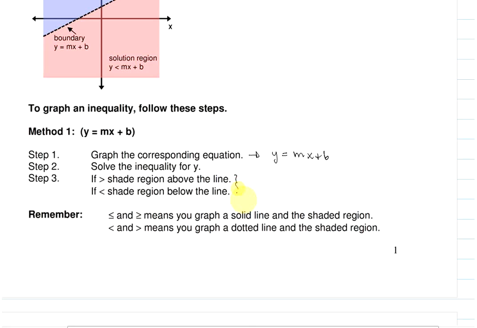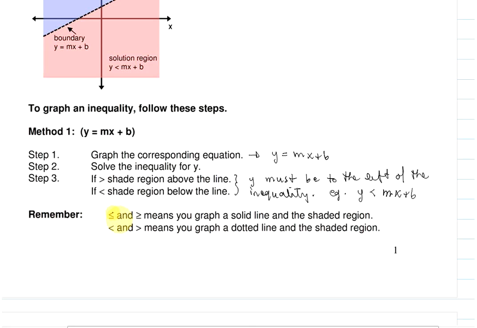Now remember, this is only true if y is to the left of the inequality. So y must be to the left of the inequality. An example would be something like y is less than mx plus b, so y is to the left.